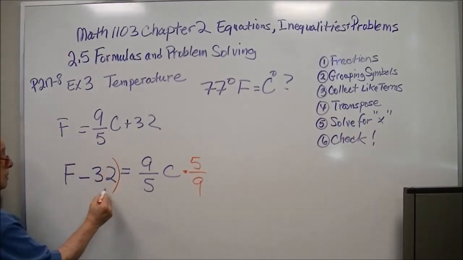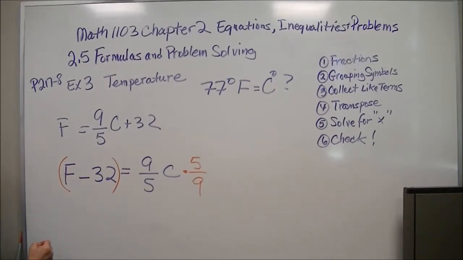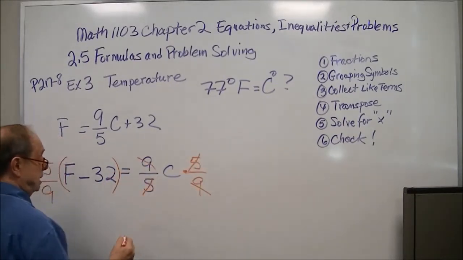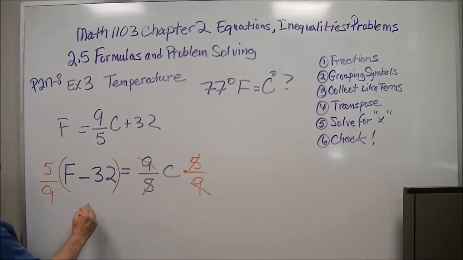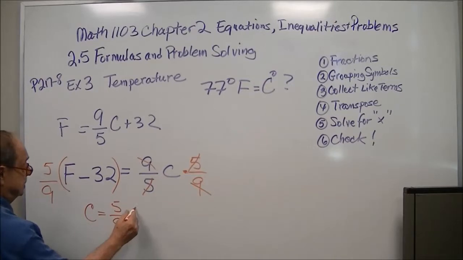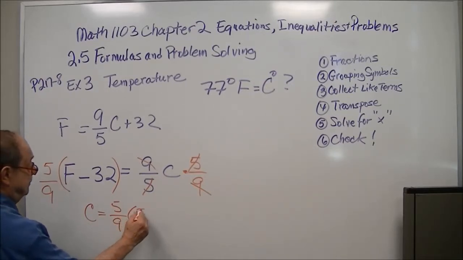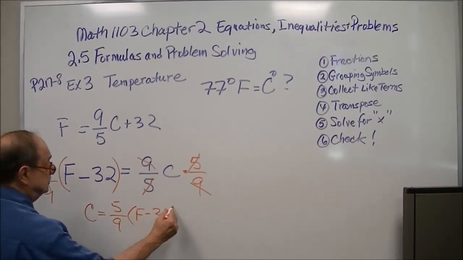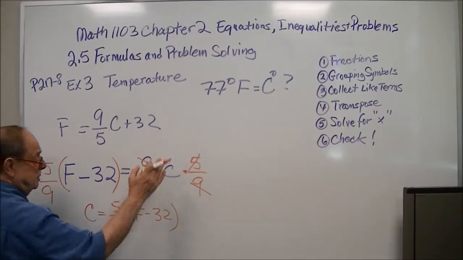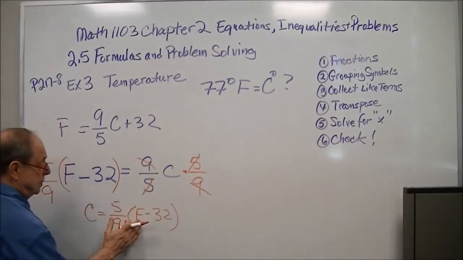And keep in mind we have to multiply all of this by its reciprocal. So now the 9's cancel out, the 5's cancel out, and we get this special formula, C equals 5/9 times (F minus 32). Now we put the 77 where the F is.